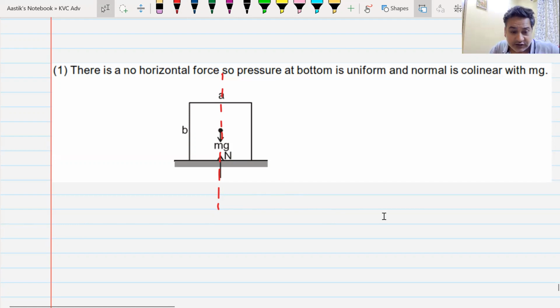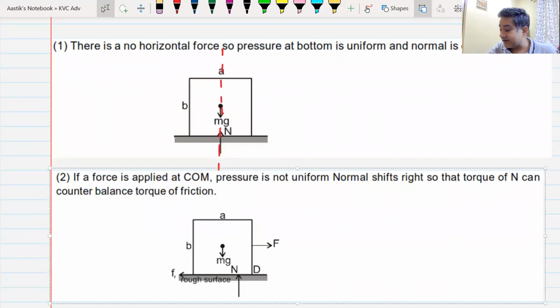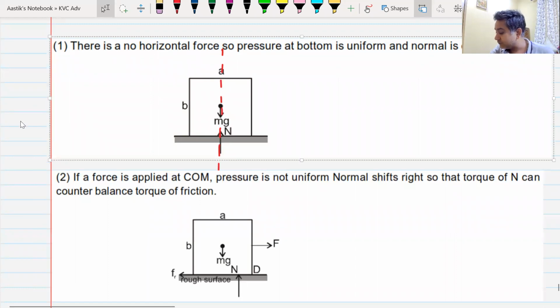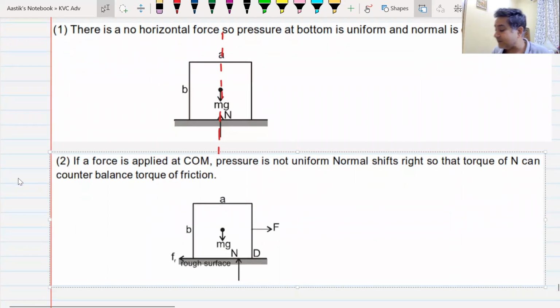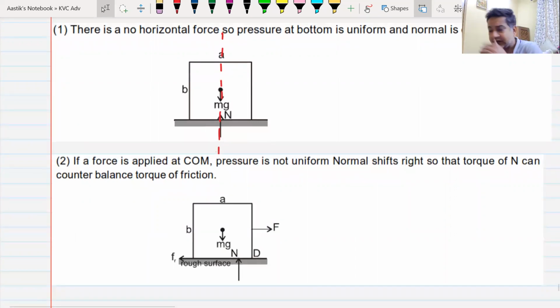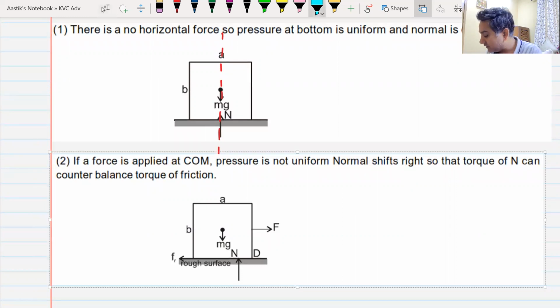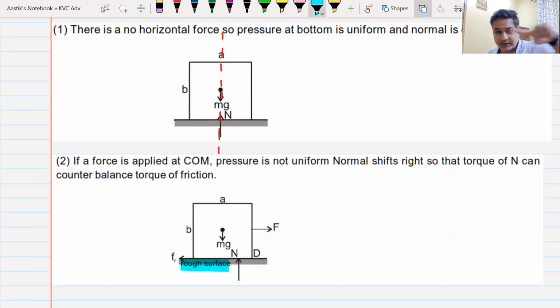If there is no friction on the ground, this block will just slide. But if there is friction on the ground and you apply any force, two things can happen. It can slide or it can topple.